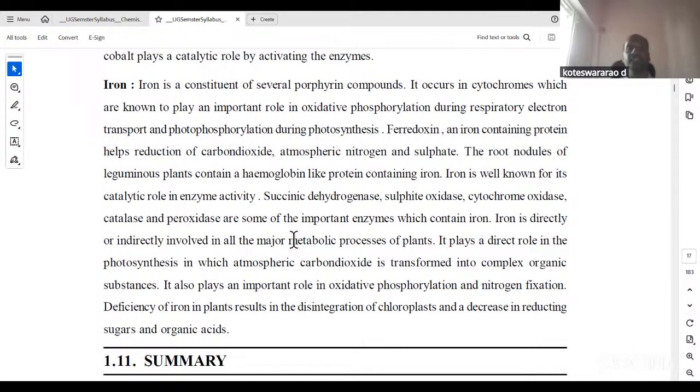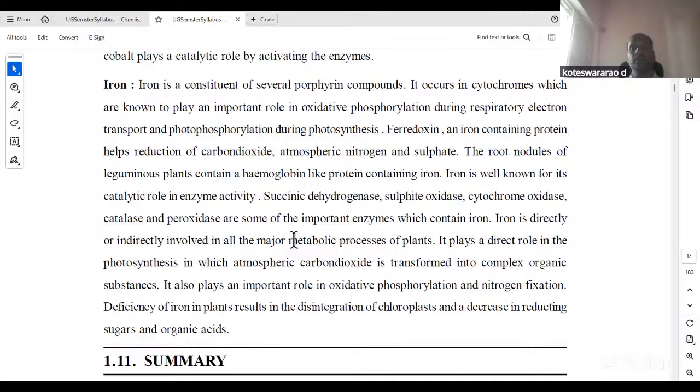Iron is directly or indirectly involved in all the major metabolic processes of plants. It plays a direct role in photosynthesis, in which atmospheric carbon dioxide is transformed into complex organic substances. It also plays an important role in oxidative phosphorylation and nitrogen fixation.